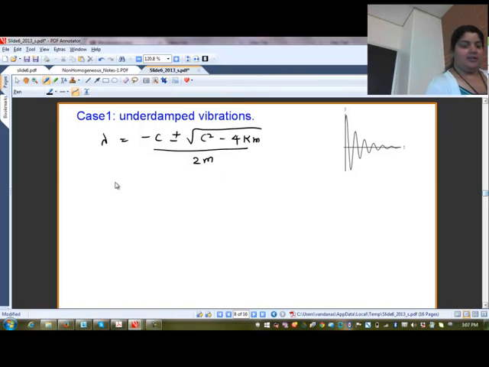In that case, when c square minus 4km is less than 0, because then only we can get complex roots, right?